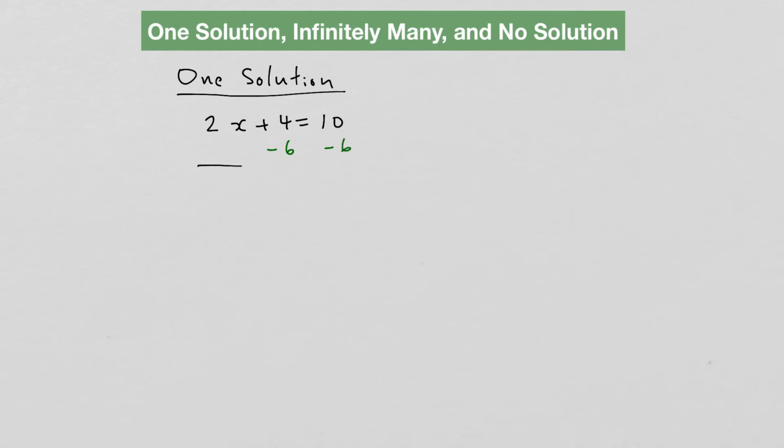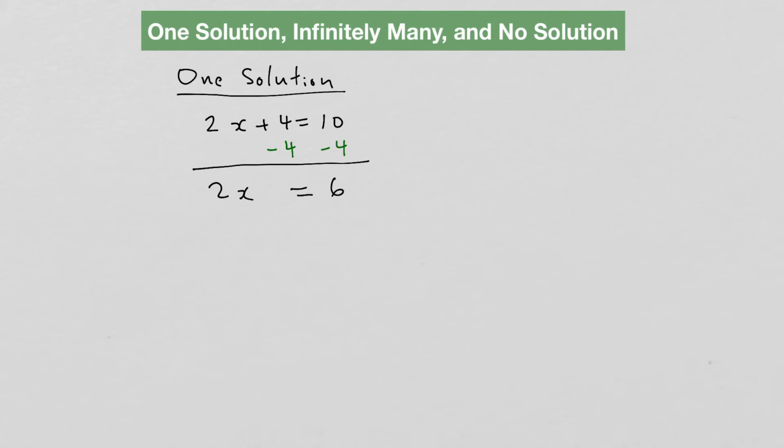I'm sorry, not 6, I meant 4. Let me redo that. We subtract 4 from both sides. Hopefully I didn't confuse you. And we get 2x is equal to 6.